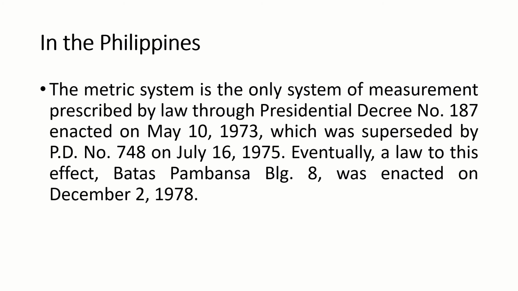But as I said, there are only three countries using US customary, and the rest of the countries are already using the metric system. The reason for that is it's easier to convert or to use because it's just a multiple of 10, unlike the English system, since it's originally coming from non-standard units. So there's no consistency in terms of the measurement, or there is no pattern at all when you try to change from one unit to another.